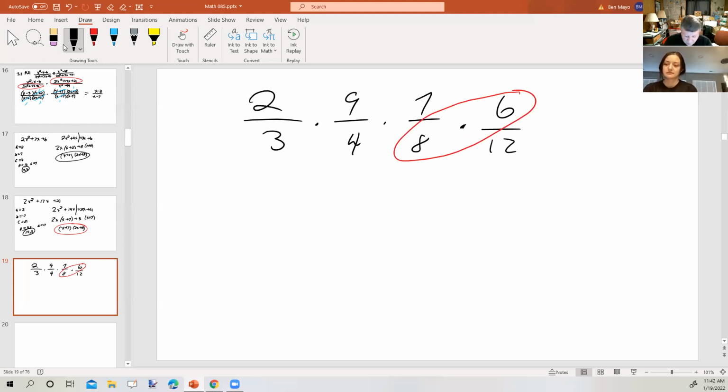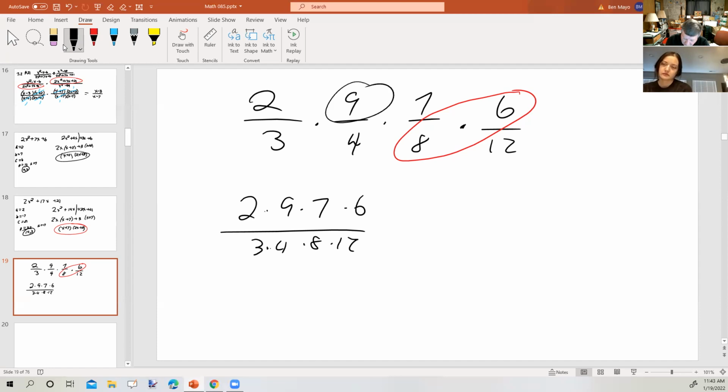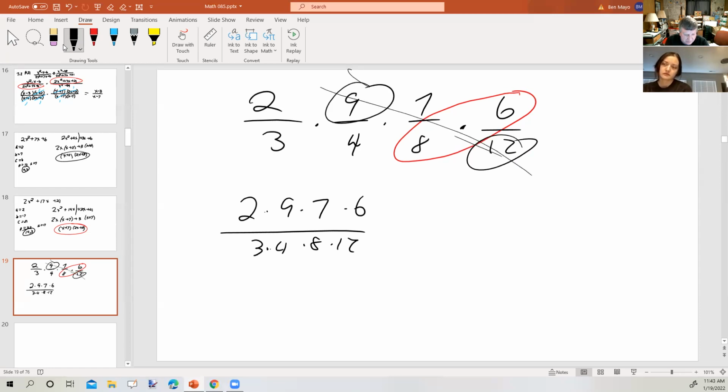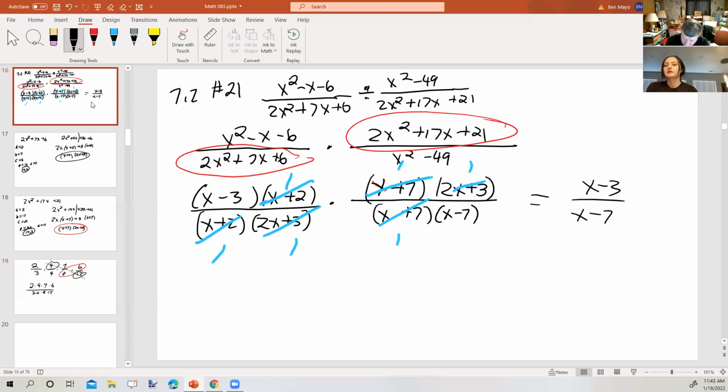Let's say that we didn't pre-reduce. What would we do? We'd multiply everything together, right? So ultimately, if it's all being multiplied, if you've got a factor in the numerator and a factor in the denominator with a common factor, you can reduce them down. So let's apply that to this problem.